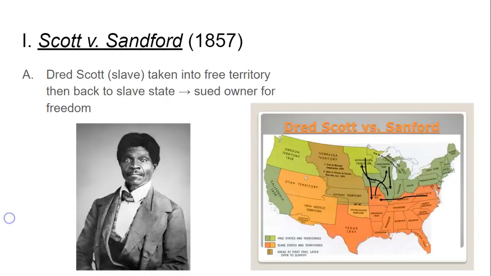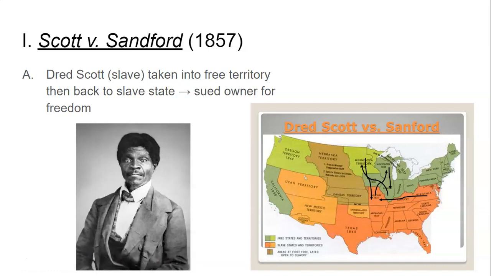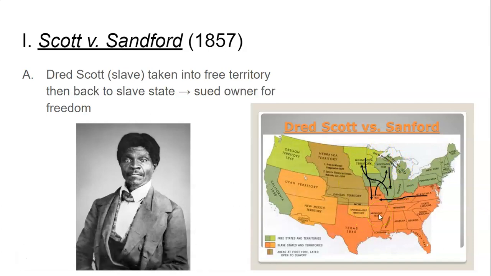So let's start off first with the background of the case known as Scott v. Sanford. So Scott refers to Dred Scott. He was an enslaved person who had been taken by one of his masters into a free territory. You can see some of the movement of him and his masters around this time period and around those different areas.